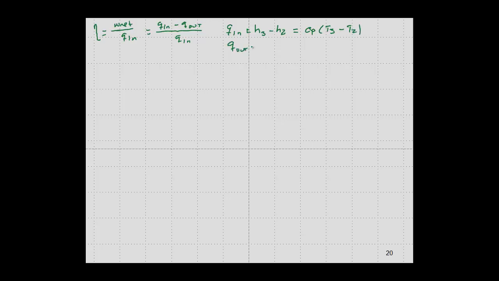Q out will be U4 minus U1, which for ideal gas will be Cv (T4 minus T1). Remember, Q in is a difference of enthalpy since it's a constant pressure process. Q out is a difference of internal energy since it's a constant volume process. So basically what we need to find out are these temperatures.